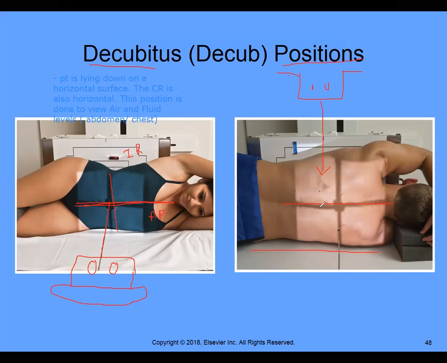If you have pneumonia and you have fluid in the lungs, we would begin to see, and again I'm just going to exaggerate, fluid in the right, because this is the right side. We would see fluid on the right side because fluid always goes down and air goes up.